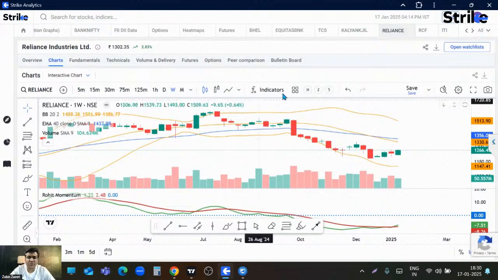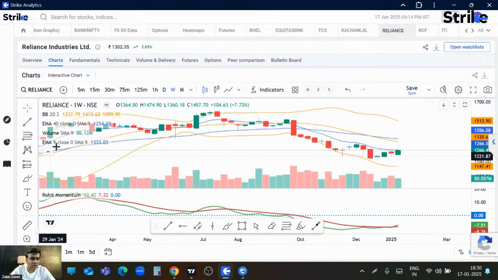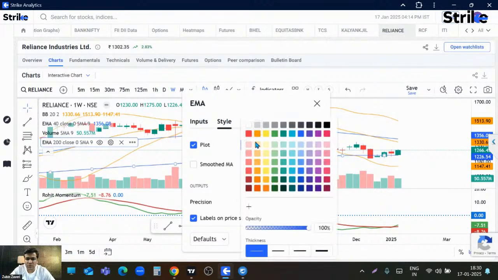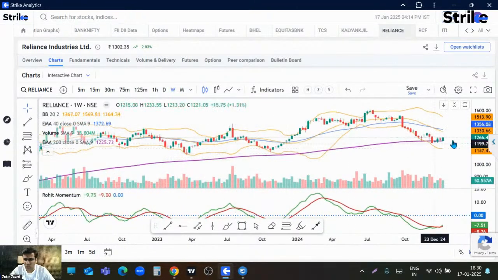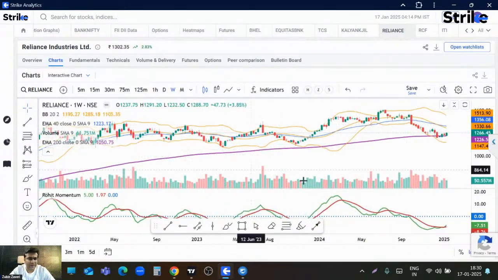Okay, so let me insert one more indicator, EMA, and convert this into 200. And let me change the color to maybe purple. Okay, so yes, on the weekly chart, 200 week EMA is acting like a good support level for Reliance. And yeah, you are right.